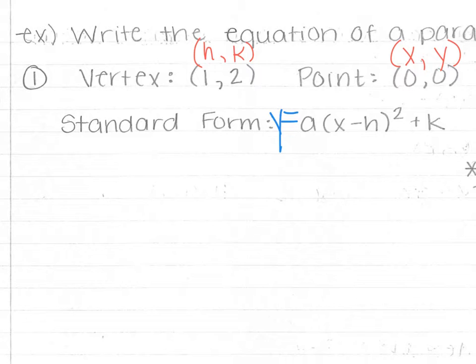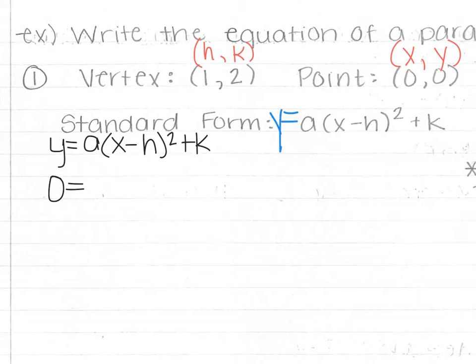So what we need to do is substitute in our point values. So here we'll have y equals, let me just write this again, y equals a times (x minus h) squared plus k. Our y value in this particular case is 0.